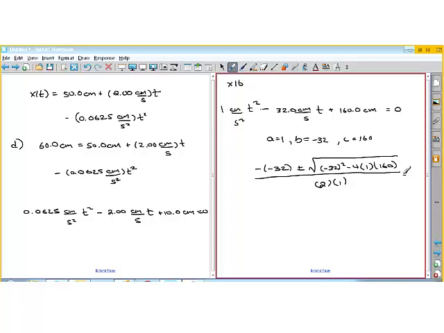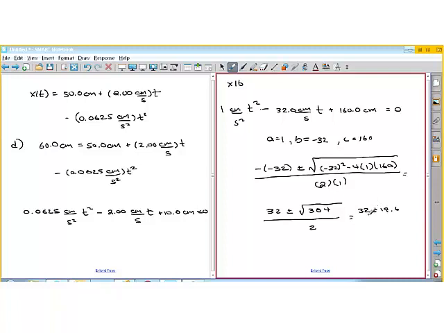So 32 squared minus 4 times 160 is 384. A negative times a negative is positive, so 32 plus or minus the square root of 384, all divided by 2. The square root of 384 is 19.6.